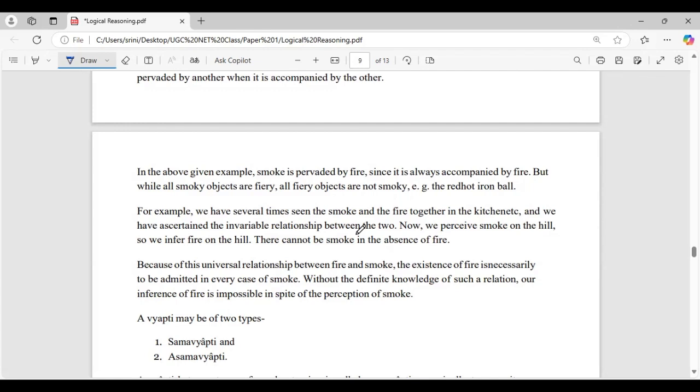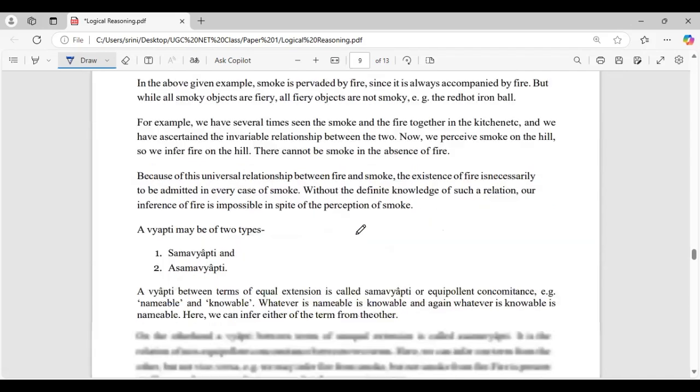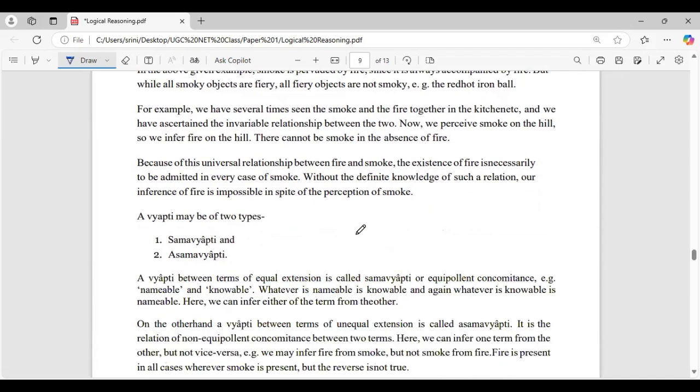Now we perceive smoke on the hill, so we infer fire on the hill. There cannot be smoke in the absence of fire. Because of this universal relationship between fire and smoke, the existence of fire is necessarily to be admitted in every case of smoke. Without definite knowledge of such a relation, our inference of fire is impossible in spite of the perception of smoke.